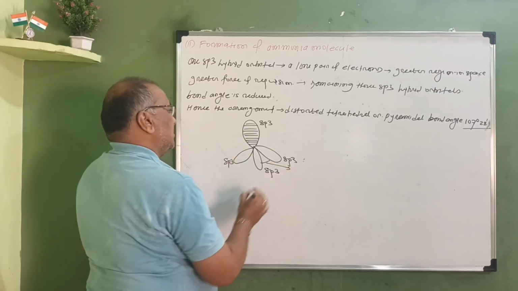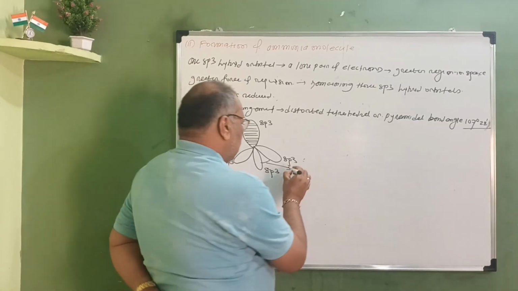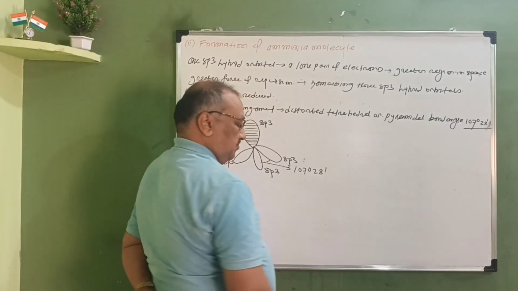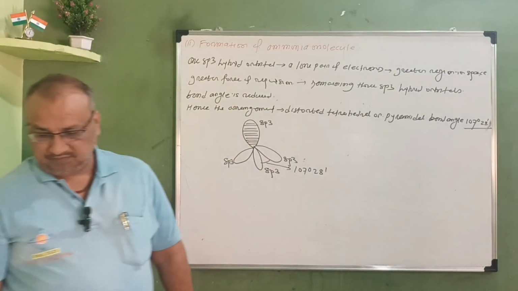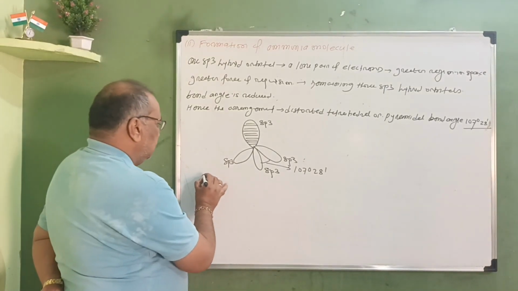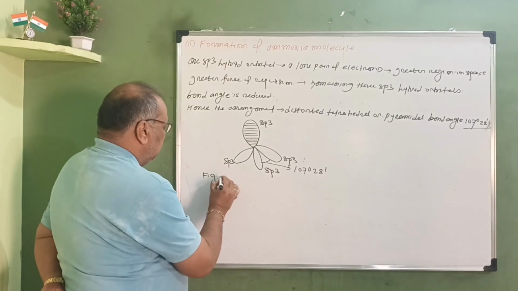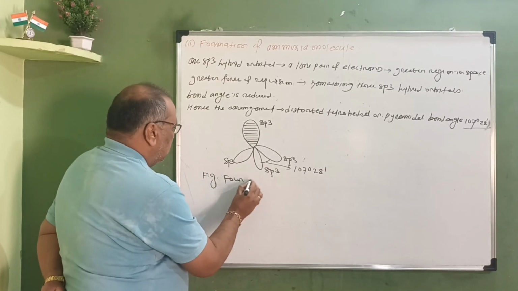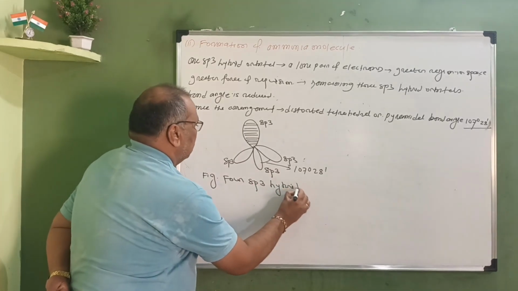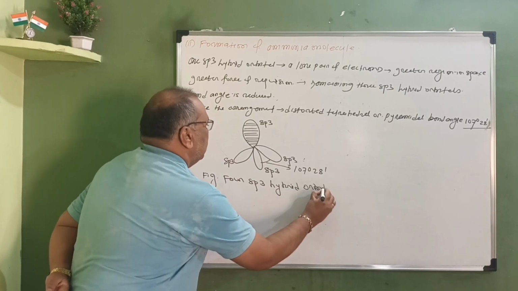This bond angle is of 107 degree 28 minutes, and here write down figure: 4 sp3 hybrid orbitals.